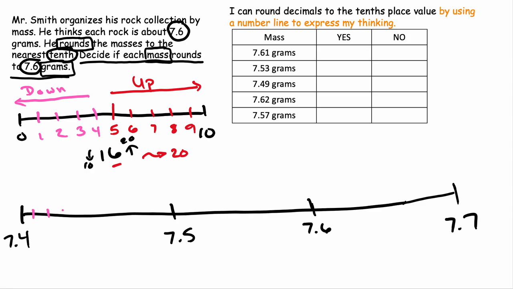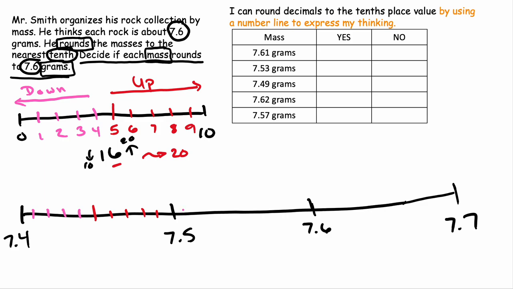1, 2, 3, 4, and then we'll go up to red: 5, 6, 7, 8, 9. Those are all hundredths. So that's 7 and 41 hundredths, 42 hundredths, 43 hundredths, 44 hundredths, 45 hundredths. Remember the value that we're working with.